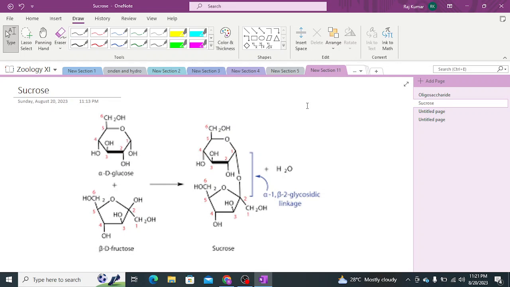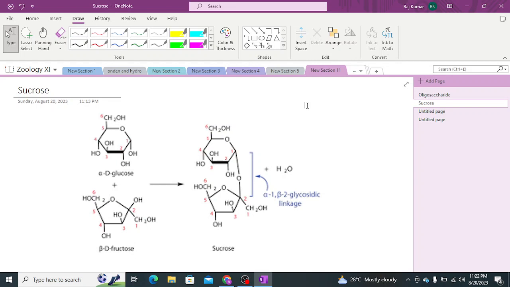As translocation occurs, there is no need of chemical or metabolic reaction inside the lumen, the space of the phloem.